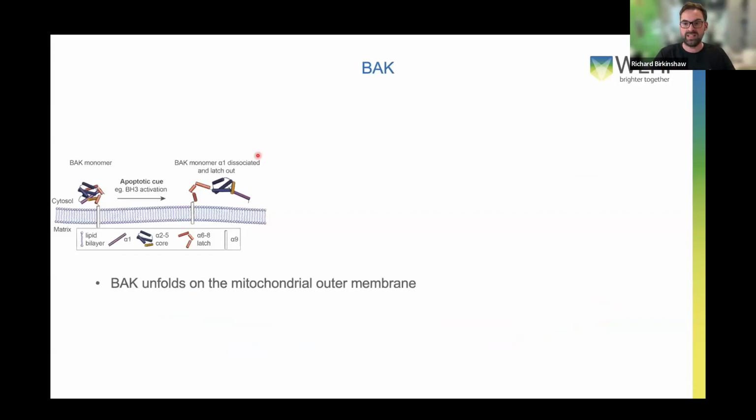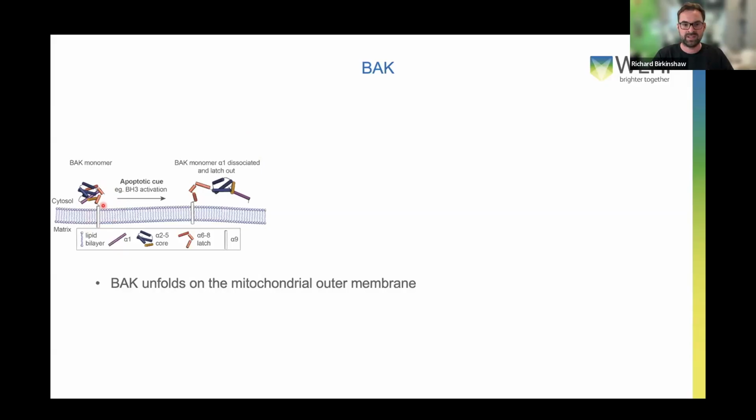It resides on the outer mitochondrial membrane. It has its transmembrane domain that crosses this outer mitochondrial membrane, and under steady state, it's folded into this 9 alpha helix bundle, normally in association with the porin VDAC2. Upon a suitable apoptotic cue, we get upregulation or activation of a BH3-only protein such as BID.